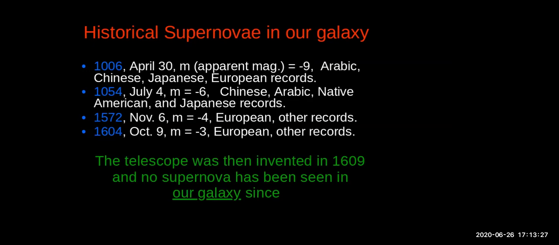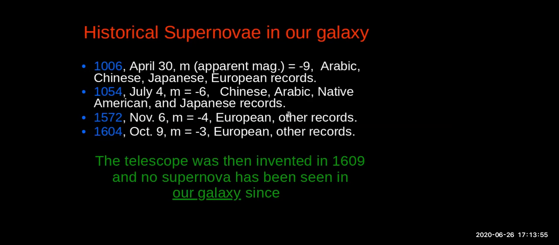So if you go back to 1054, and you're in maybe Europe at the time and you reported something new in the sky, you're in trouble with the church. So they, of course, saw it, but they kept it to themselves. But at least we have the Chinese, Arabic, Native American, Japanese records. They didn't keep it to themselves. They were not afraid as much as some other people to say they saw something.